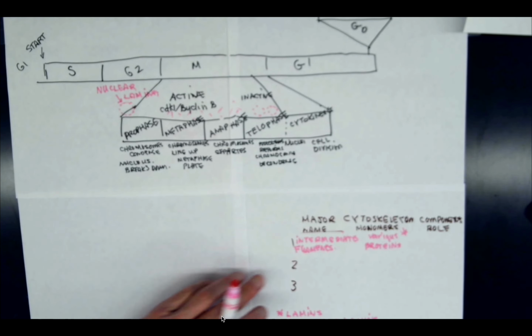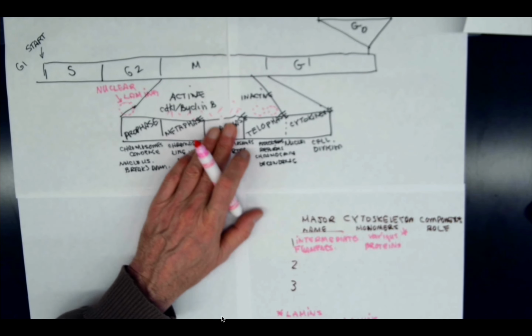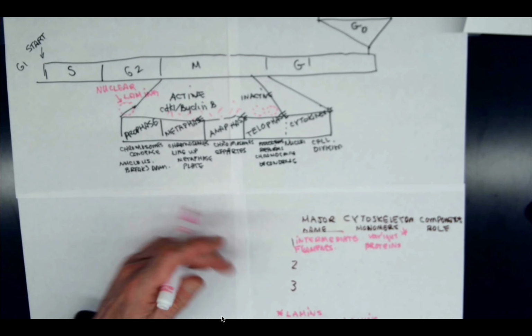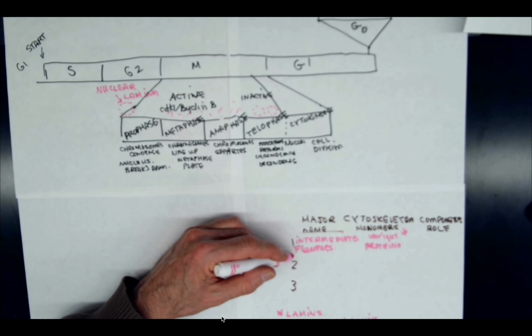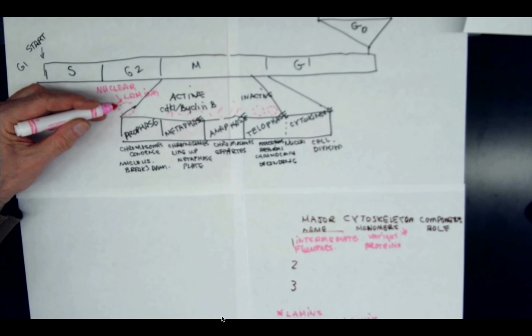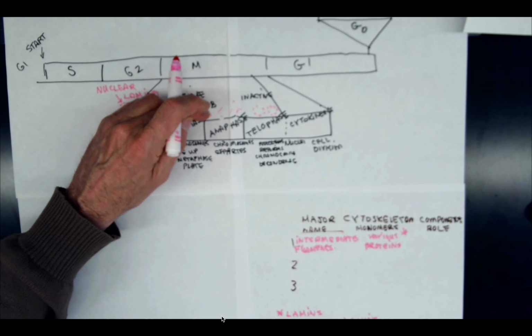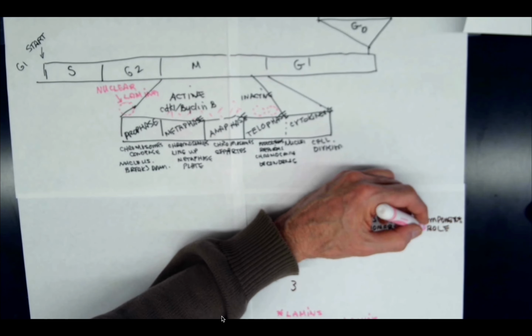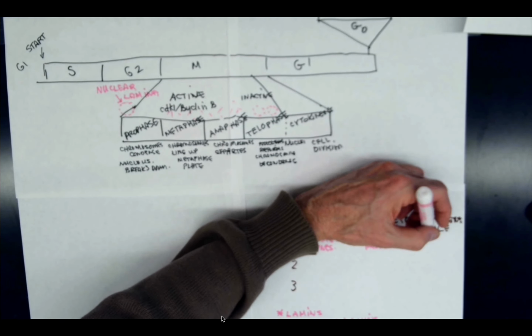And so for our cell cycle model, there's a function for intermediate filaments. One of the major cytoskeletal components is intermediate filaments, and this is the role they play. What's the component's role?